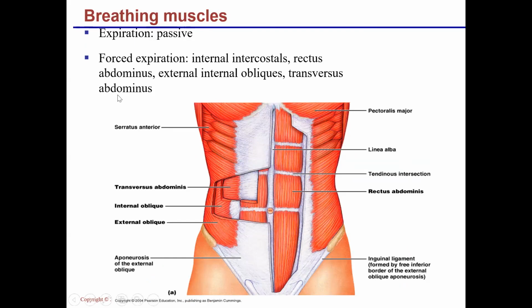But if you push to have more air out, of course you can do that. In that case, you're going to have more muscles involved. These are the muscles listed here. These muscles contract to make the thoracic cavity even smaller than normal, and that will help to push more air out.